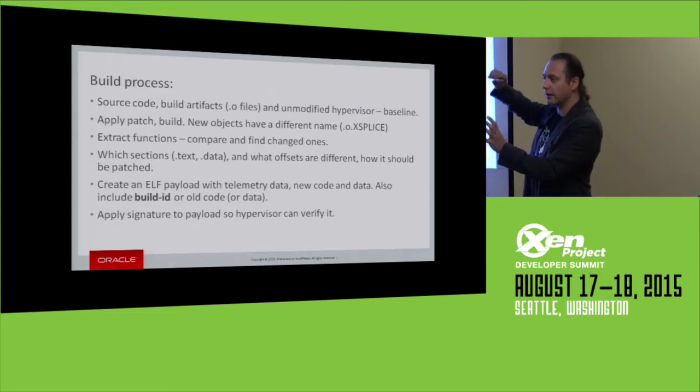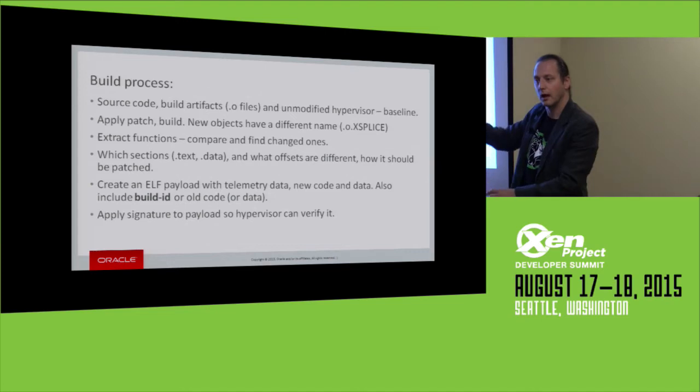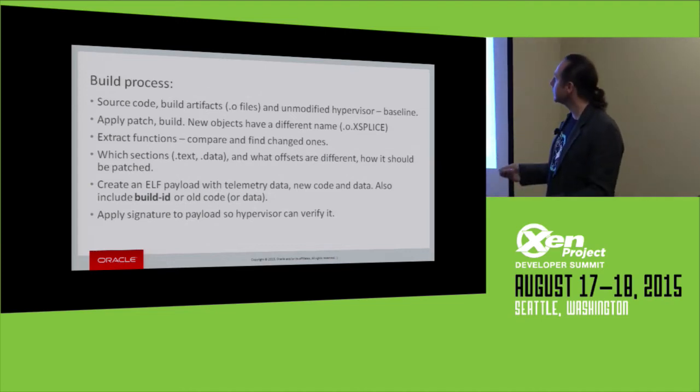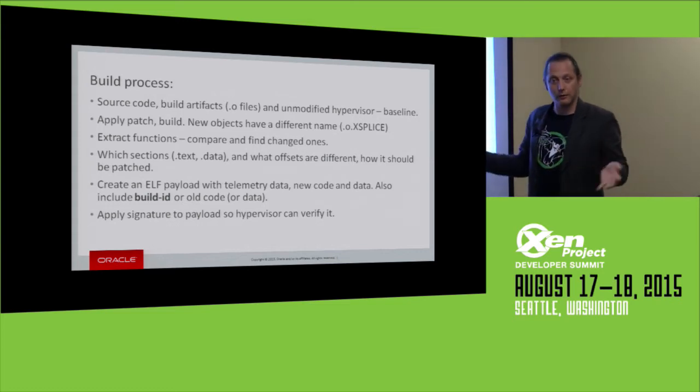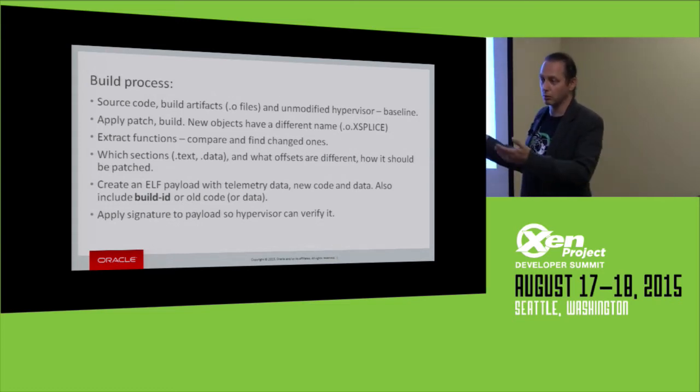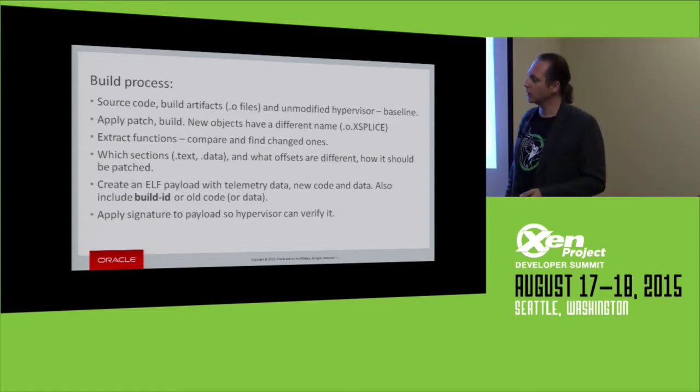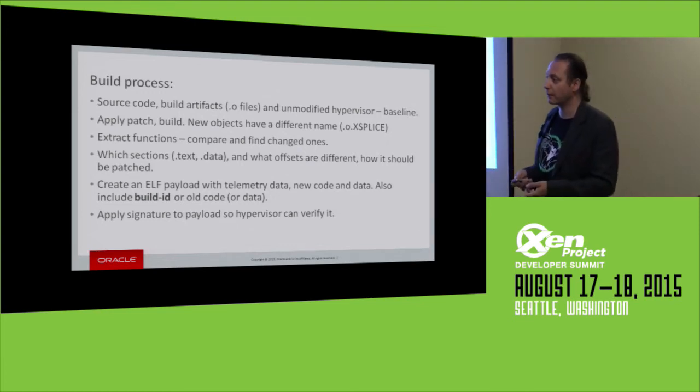Then you take these functions that were generated and compare them and say, which one changed? Based on that, you figure out the offset and so forth. Then you have all this information, and you build a payload, and then you apply a signature because you don't want somebody else's payload or this binary blob with information to be applied to just some hypervisor. You need a way to verify that it comes from the trusted party.